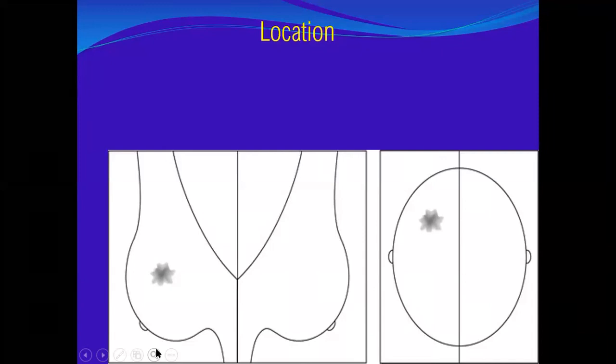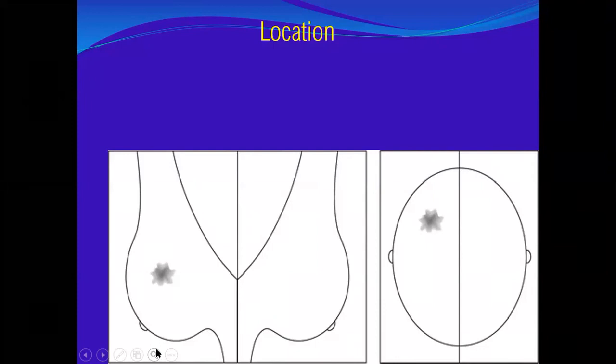It can also be described by clock position. What is the o'clock here? Imagine you are doing ultrasound. What are the clock positions in the upper outer right breast?